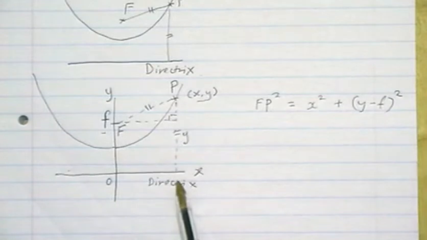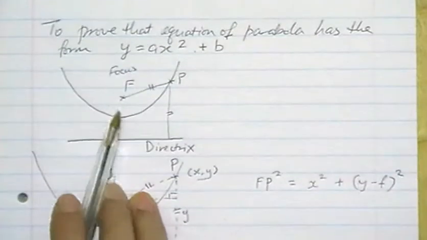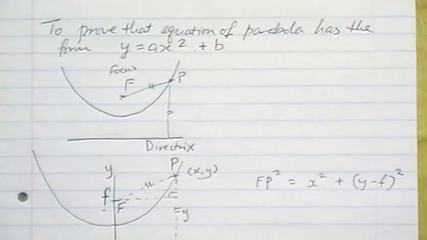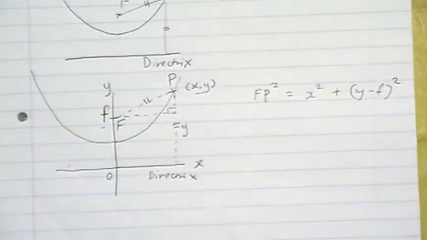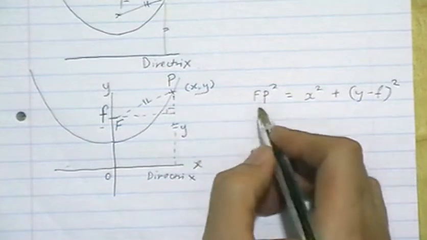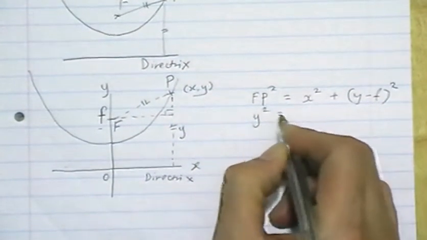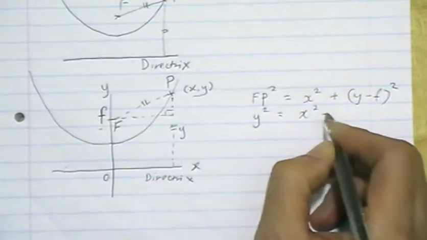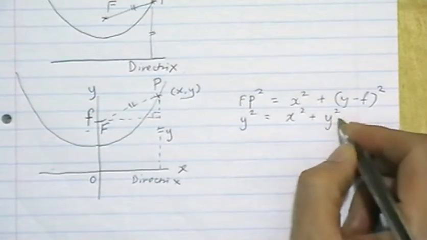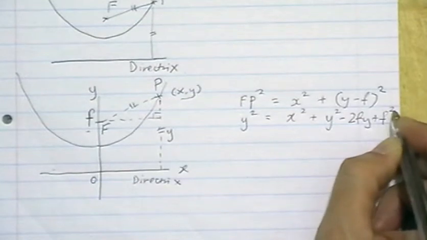Now, the FP we know from the definition of a parabola is equal to this vertical distance from the directrix, which in this case is y. So FP squared would be y squared. Now let me expand that. y squared minus 2fy plus f squared.